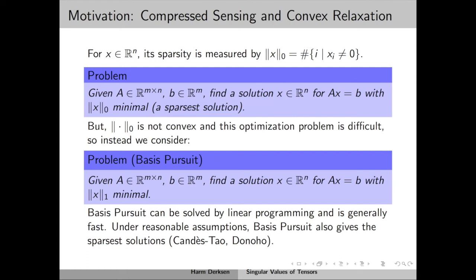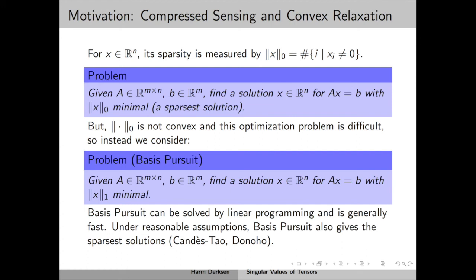So in some sense, for random matrices, it might actually work. And so this optimization problem is now a convex optimization problem. So it's fast in practice.